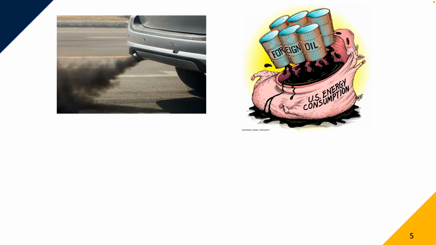And so one is we use a lot of oil, and to improve national security and decrease reliance on oil, we want to make vehicles more efficient. That also helps to lower both air pollution and greenhouse gases.